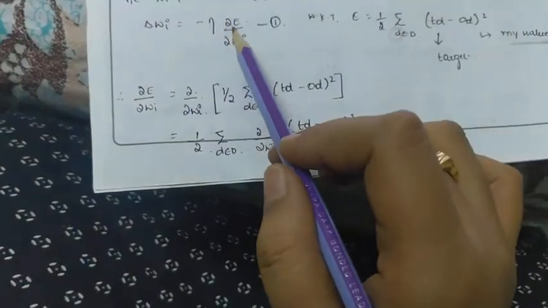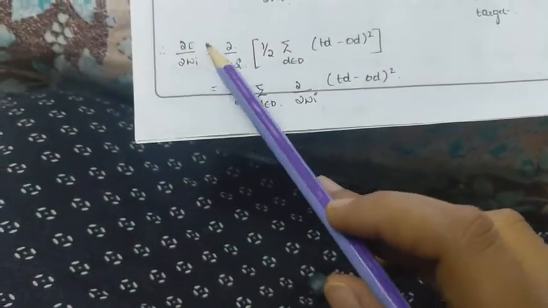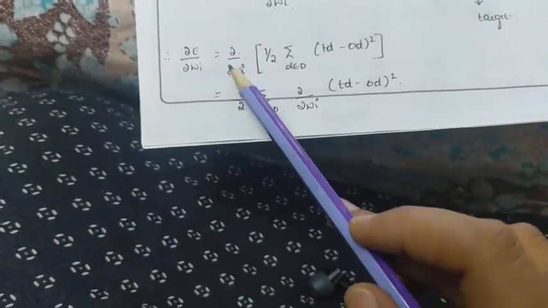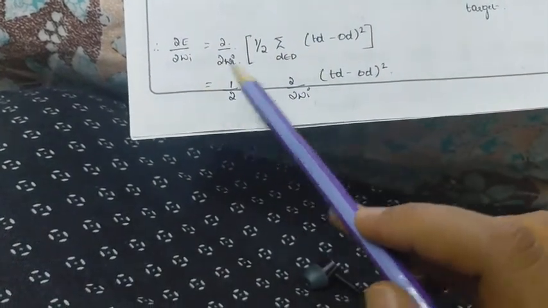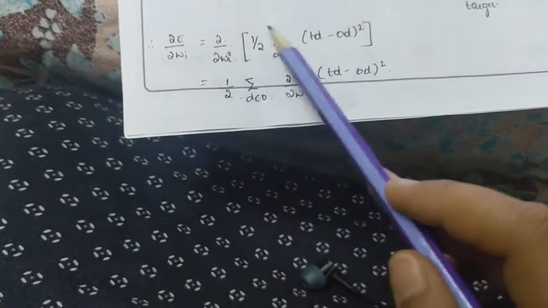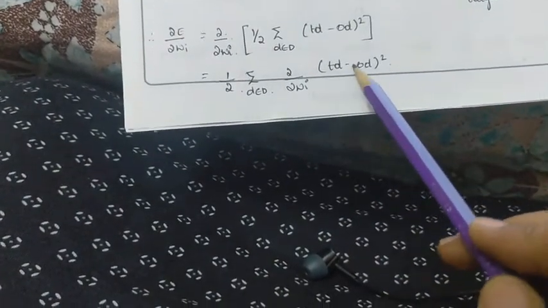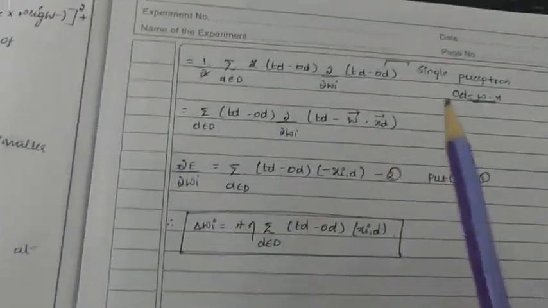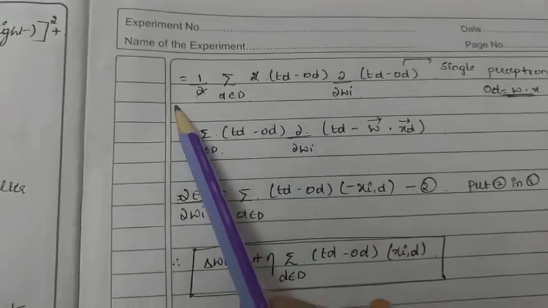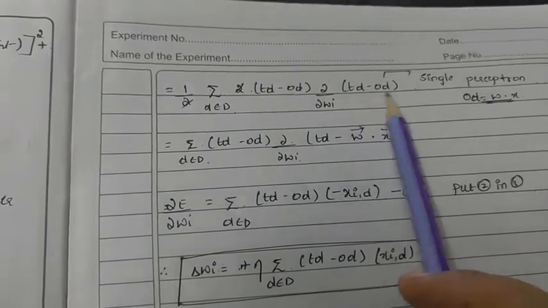Now we are going to substitute this inside the derivative part and differentiate it. So ∂E by ∂wi equals, I have substituted the value of E, half I can take outside, summation I can take outside, and I'll apply differentiation to the variable part, (td minus od) squared. If I apply differentiation, I get 2 times that value, and again differentiation is applied to the variable.